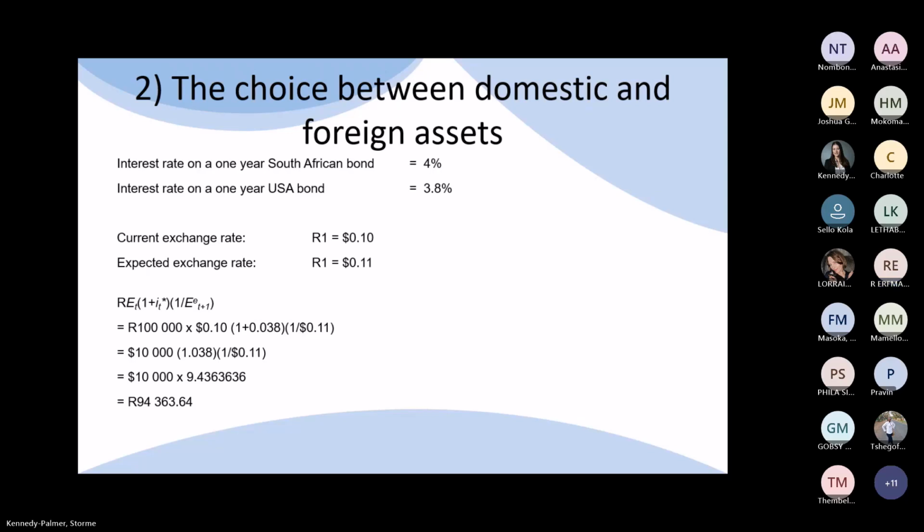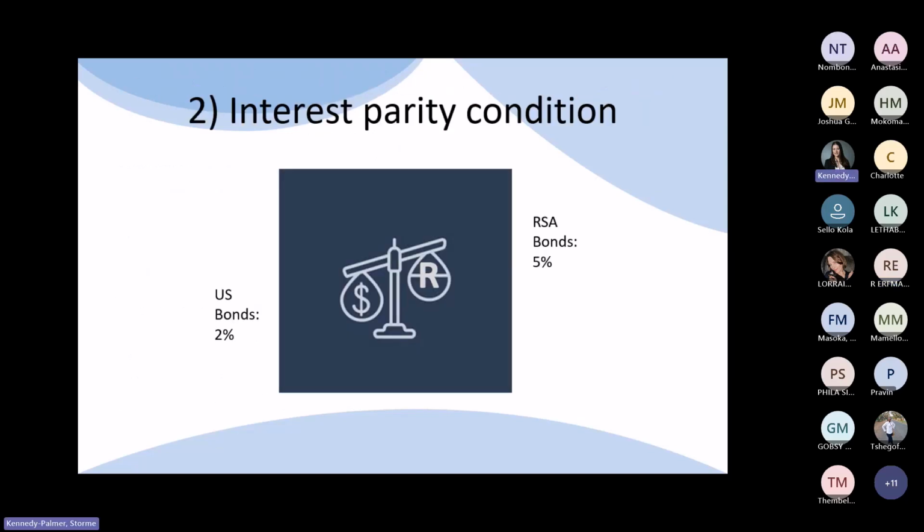Thank you. Okay, great. The interest parity condition states that financial investors will seek the highest expected return, and through arbitrage, the returns on investments in different countries will equalize. So how does it work? If one country, for example, South Africa, offers a higher interest rate than another, for example, the USA, investors are going to move their money to South Africa.